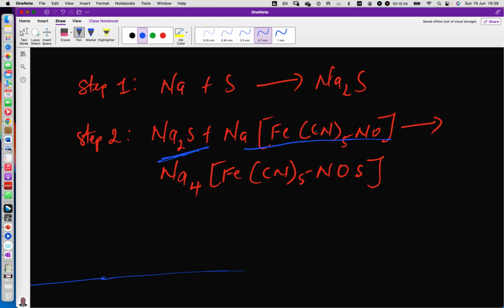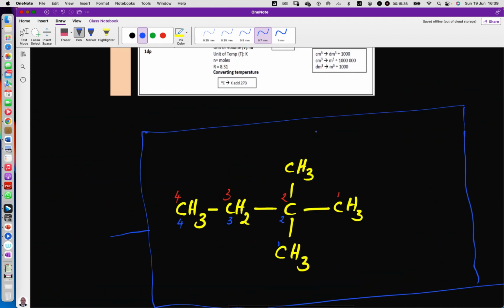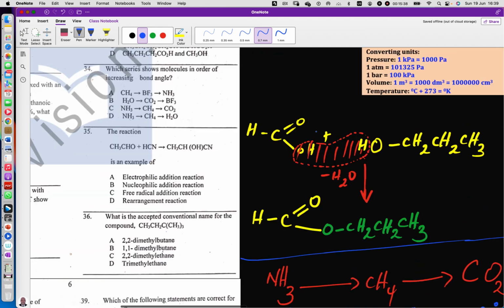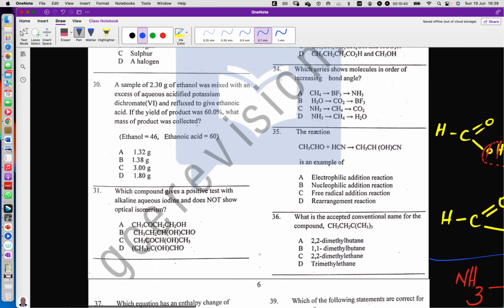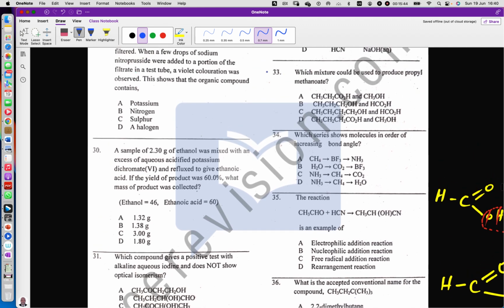So our question here was: this shows the organic compound contains what? It contains sulfur. Potassium? No. Nitrogen? No. It contains sulfur. Yes.